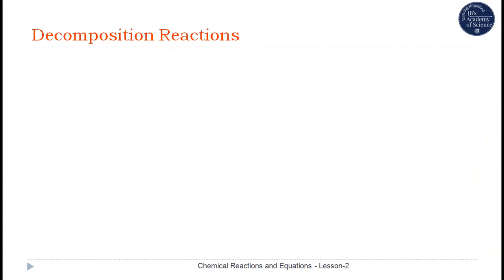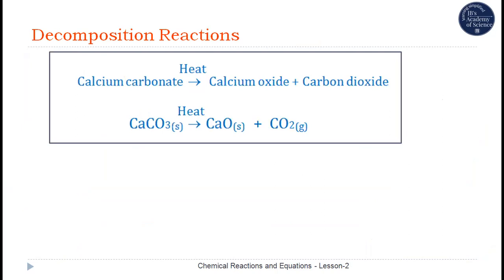Now, decomposition reactions. Look at this example. When some amount of calcium carbonate taken in a crucible is heated, then calcium carbonate will be decomposed into two substances, calcium oxide and carbon dioxide.